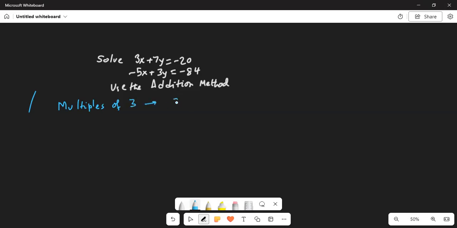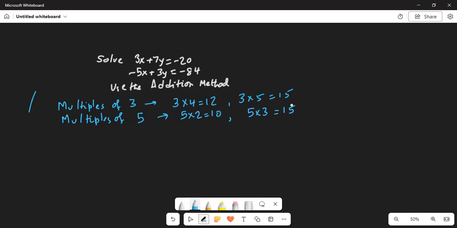Similarly, multiples of 5: 5 times 2 is 10, and 5 times 3 is 15. So 3 times 5 is 15, and 5 times 3 is 15. The common multiple between 3 and 5 is 15.